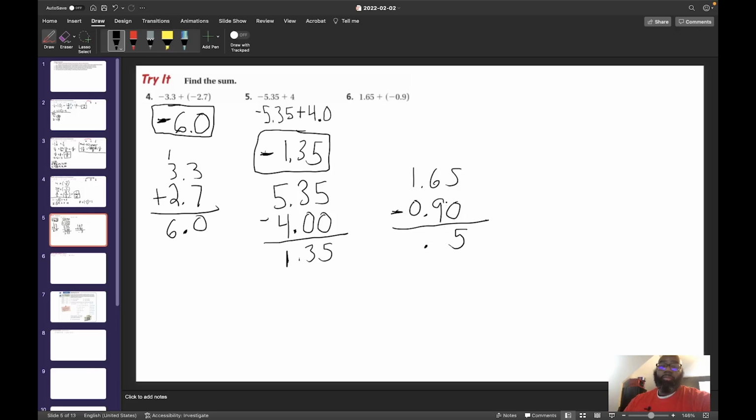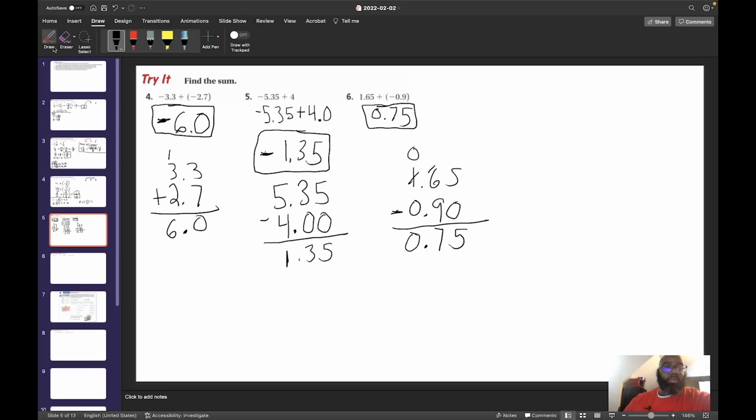Bring that decimal down. 6 minus 9 we can't do, so we borrow from here. 16 minus 9 gives us a 7. And 0 minus 0 is 0. So the answer is a positive 0.75.